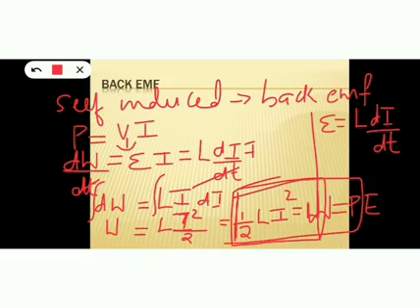Half L I square, where L is the self-inductance and I is the current flowing through the circuit. So half L I square is the expression for work done by this current against this induced EMF or back EMF, and this itself will be the expression for the magnetic potential energy.